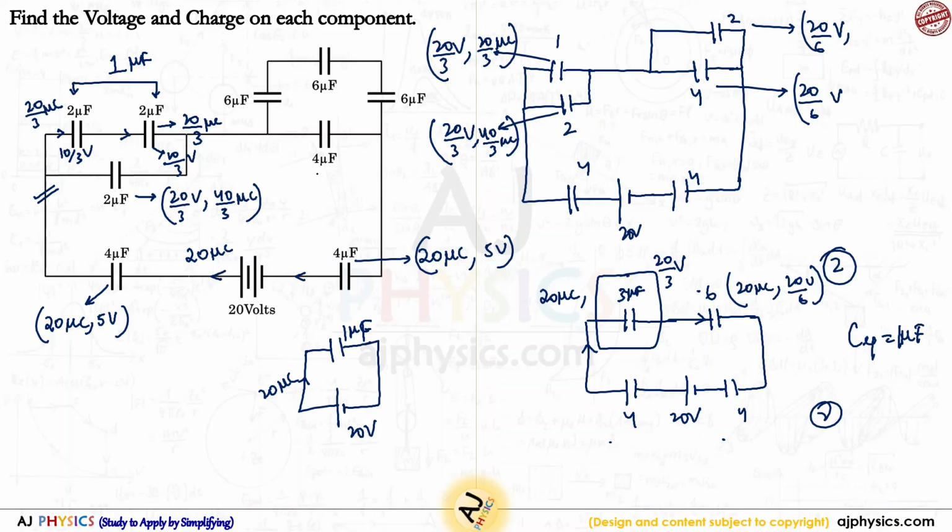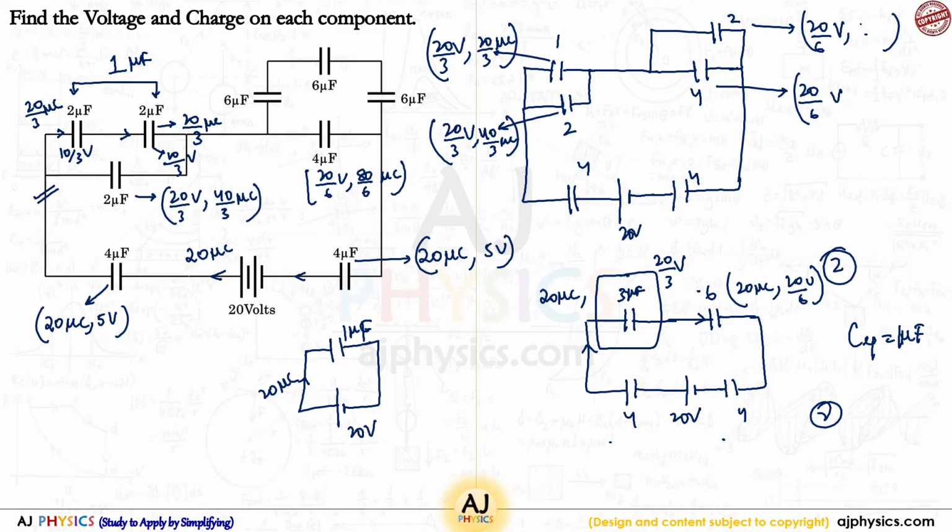So this is having 20 divided by 6 volts, and you multiply by 4, that would be 80 divided by 6 microcoulombs here. And in the above case that's 20 by 6 volts. And what will be the charge here? Let's calculate this charge first.